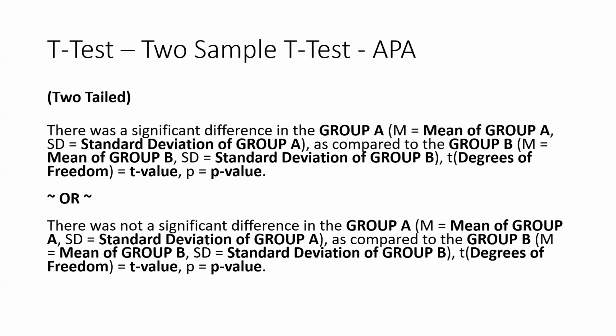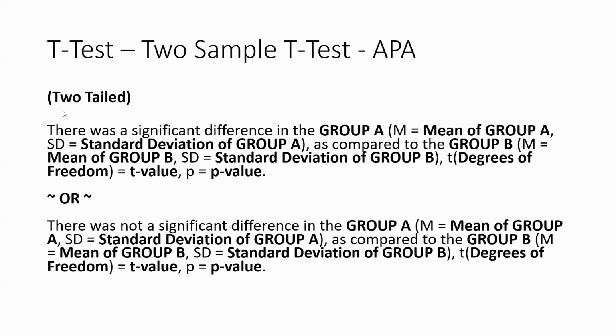So this is how it's structured. If there's a significant difference for a two-tailed, two-sample t-test, there was a significant difference in the group A, mean, standard deviation, as compared to group B, mean, standard deviation, T, degrees of freedom, T value, P value.